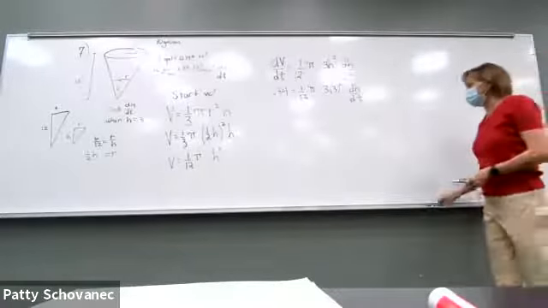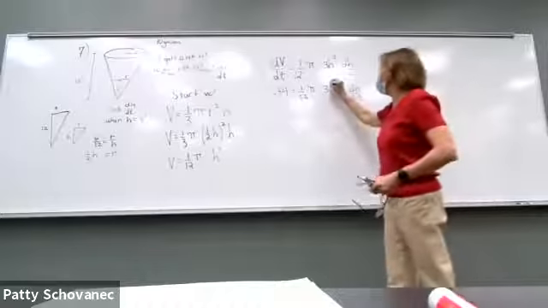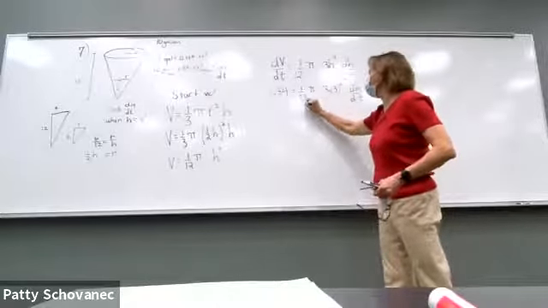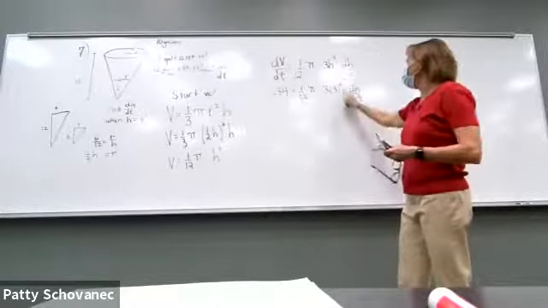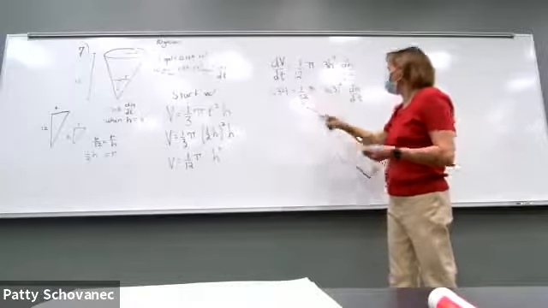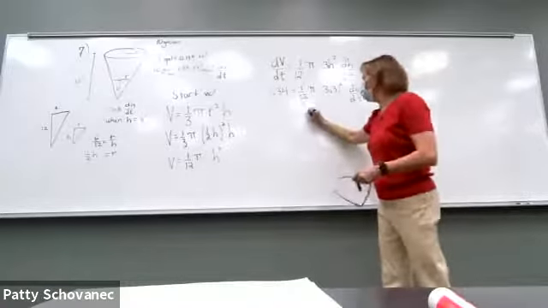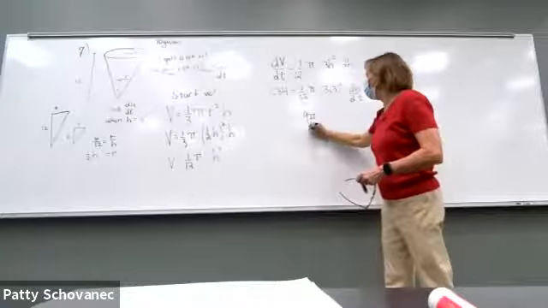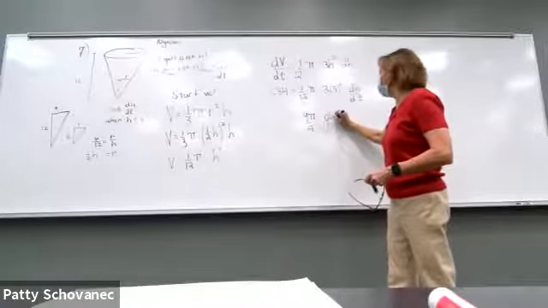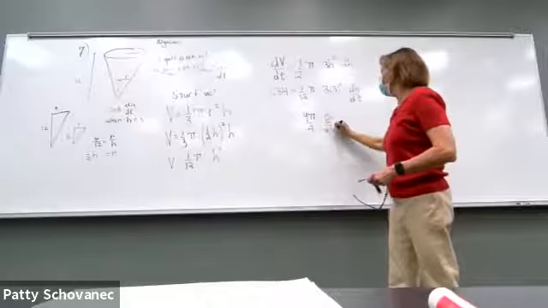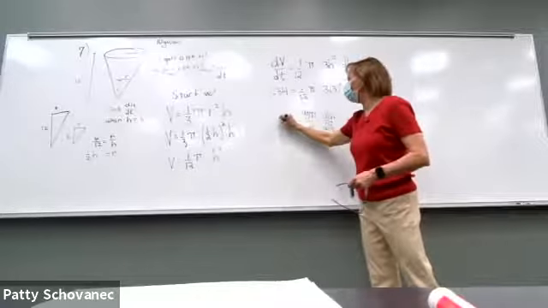Let's see, I'm going to go ahead and simplify a little bit from that earlier step. 3 goes into 12 4 times. That's a 9 pi over 4 times dh/dt is equal to 1.34.